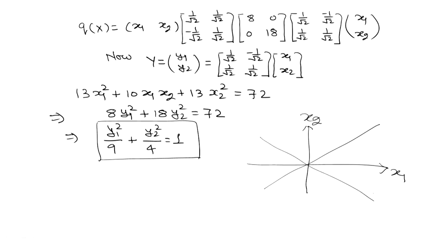By using this, this is my y1, this is my y2, so my curve will become like this. So, in this way the given curve is an ellipse having this orientation with respect to the original coordinate axes x1 and x2. So, in this way we can plot any quadratic form by applying the suitable diagonalization and changing the variables.